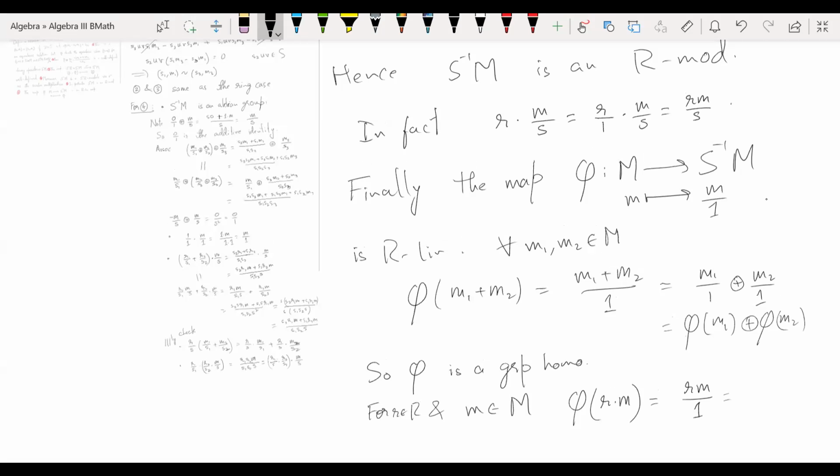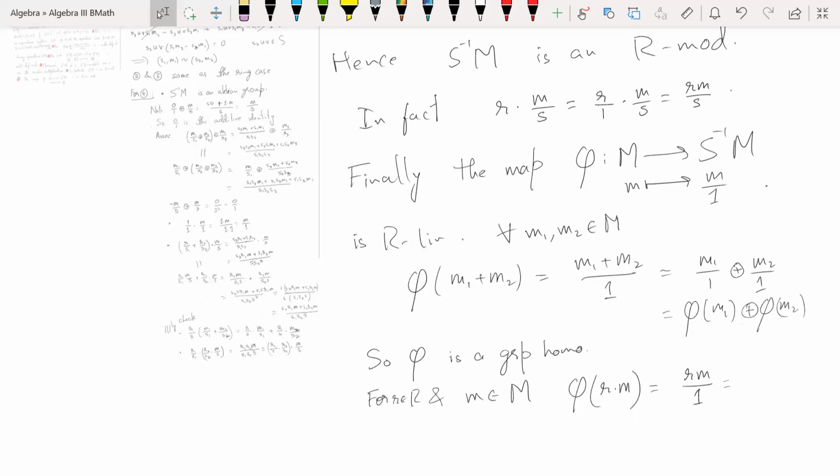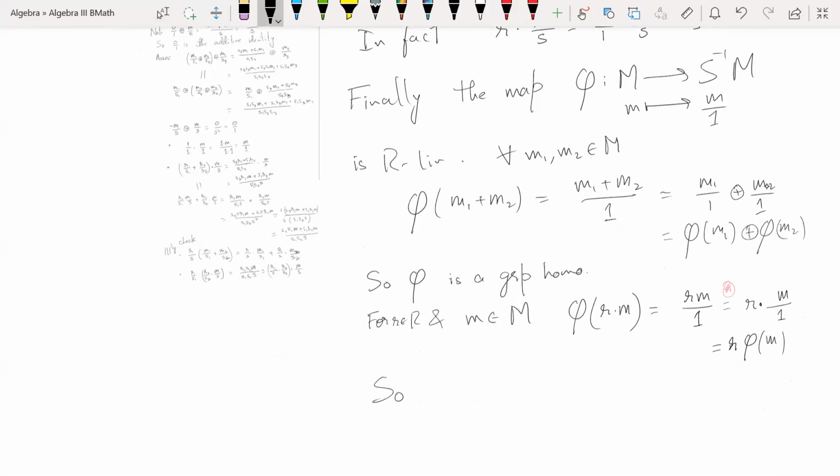This is how the scalar multiplication R action on S inverse M is defined, so by star, this is the same as R dot M over 1, which is R times phi of M, because phi of M is precisely M over 1. So phi is an R module homomorphism.